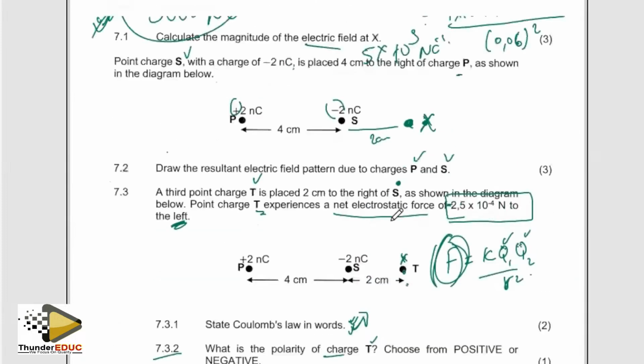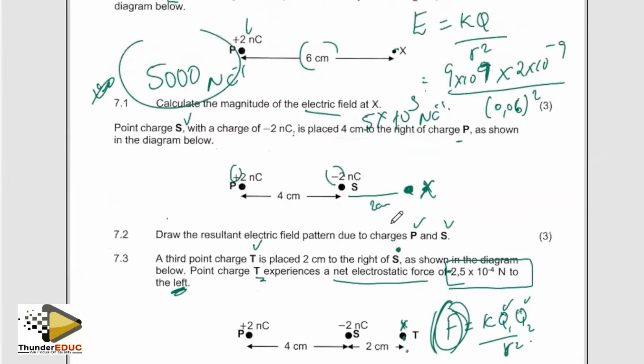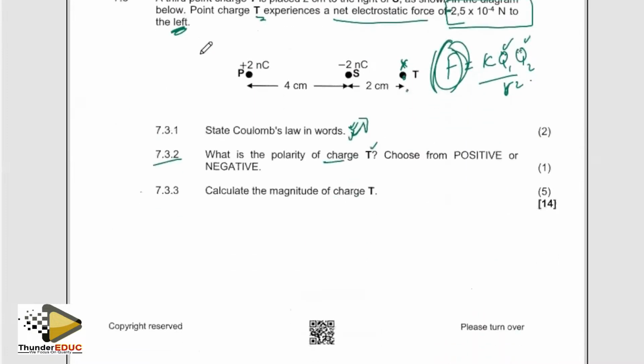Let's see. Initially, for the point charge, we had the 5,000, which was positive, but that was just a point charge. So let's say I make T a negative. We know that the positive and the negative will cause attraction, which means the force acting on T is going to be to the right.